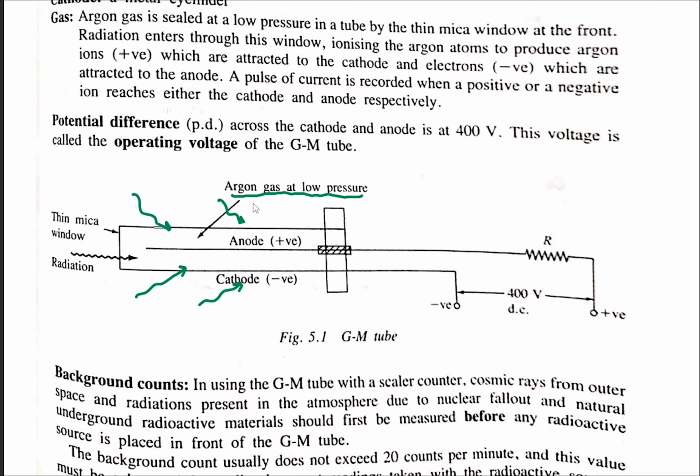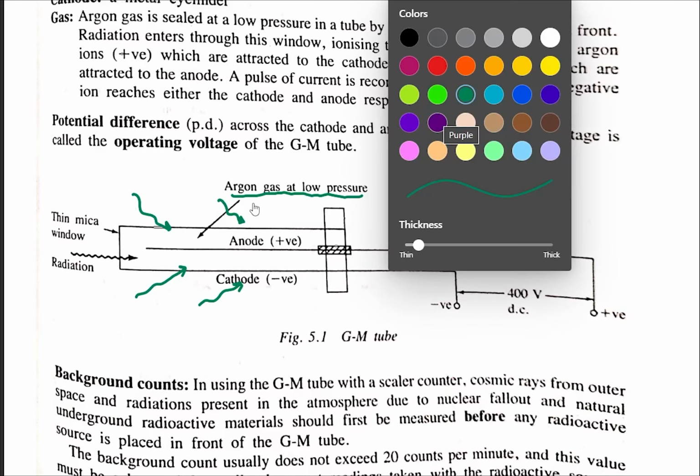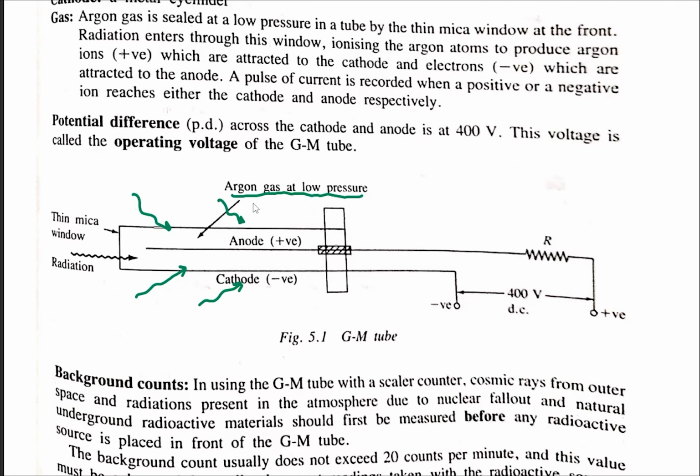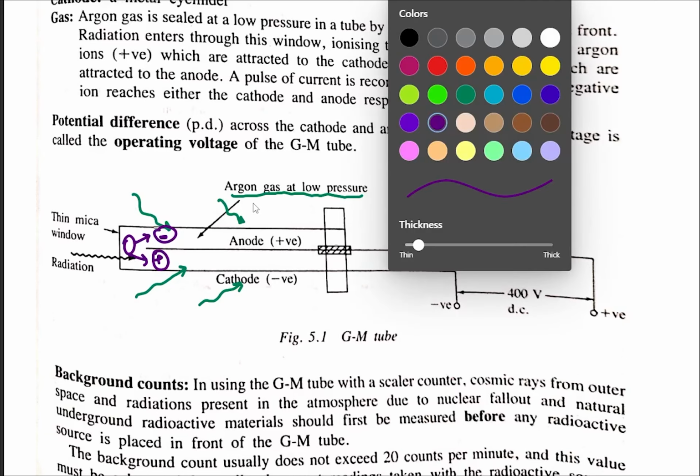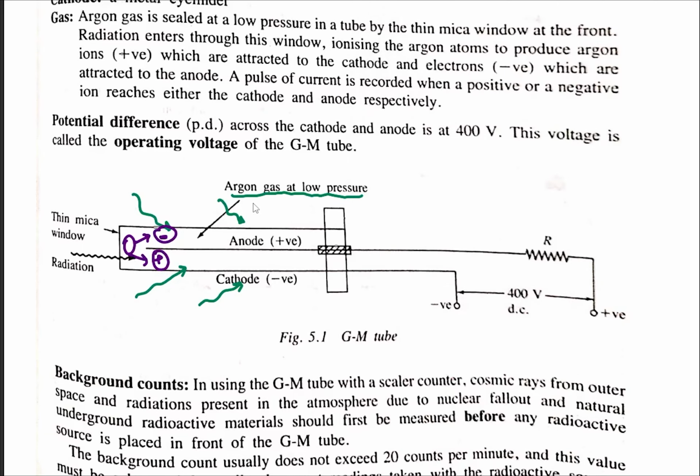Okay, so this is what the GM tube looks like, and this is how it operates. Upon receiving the radiation, the argon atom converts into a negative entity and a positive entity, and of course it's happening many times each second. It's not just one atom, it's many atoms doing the same job at the same time.